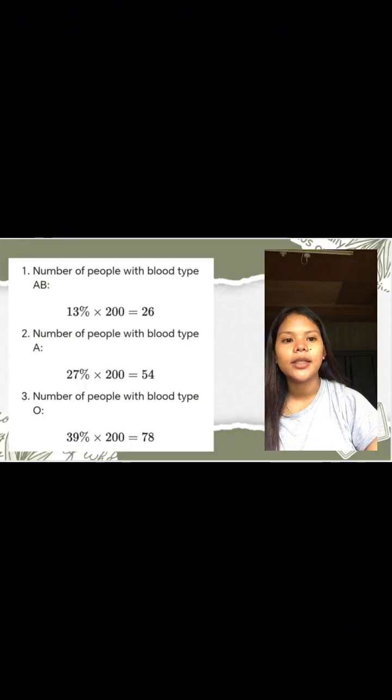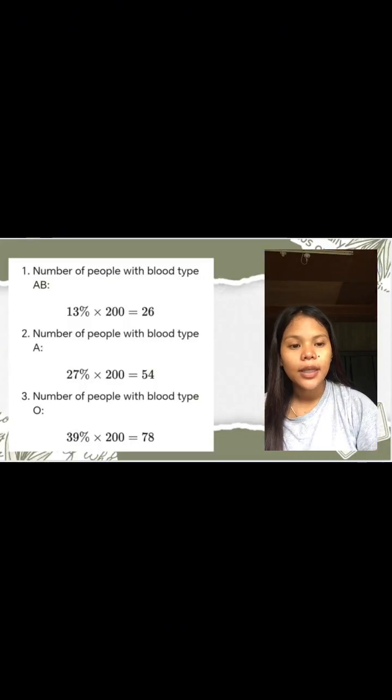Number 3, the number of people with blood type O: 39% times 200 is 78. So, blood type AB is 26, blood type A is 54, and blood type O is 78. This calculation provides the necessary data to create a pie graph and answer the questions about the distribution of blood types in the given group of 200 people.